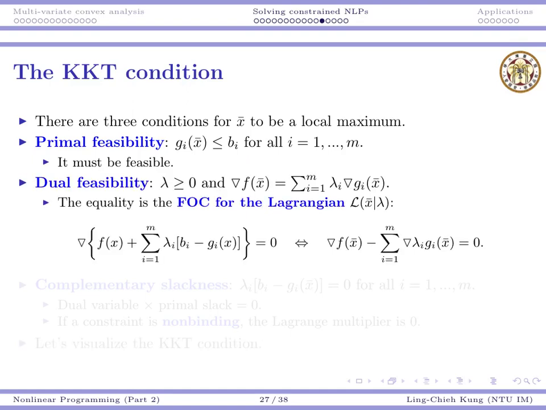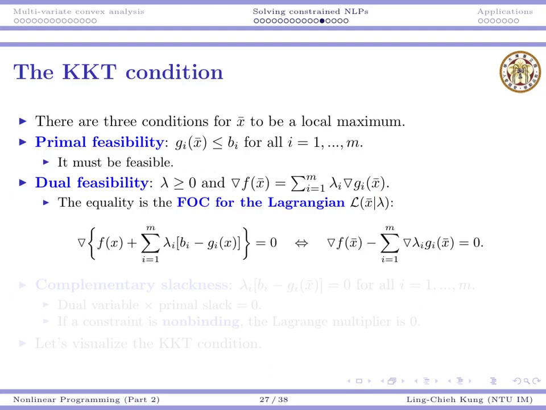And then we also need dual feasibility. Lambda is the dual variables, right? So we know first lambda must be non-negative according to our knowledge about Lagrangian multipliers and the Lagrangian duality. So this is fine. And then we have this equality. Let's see it more carefully.